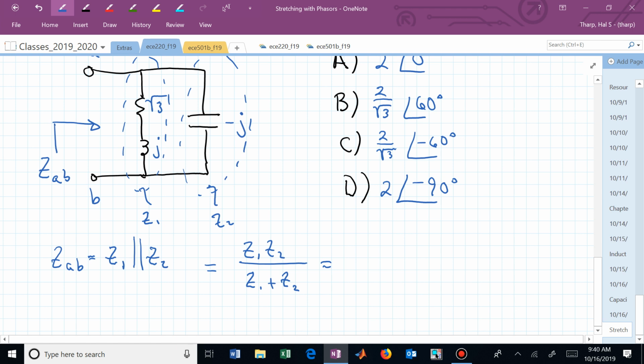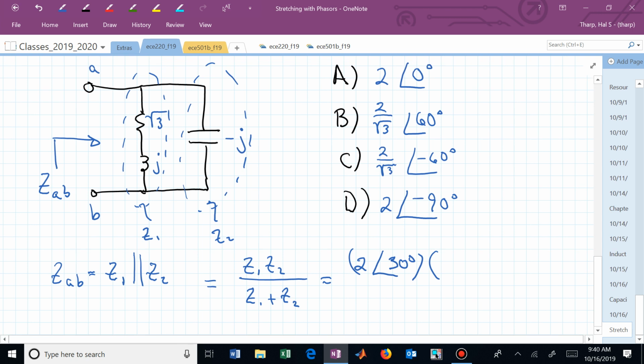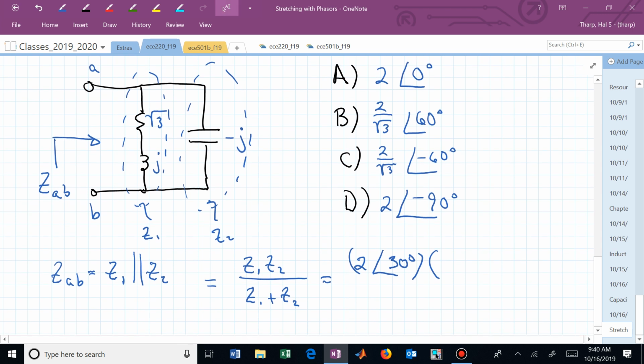Upstairs, you're doing a product. It'd be nice to maybe keep those in polar form. The expression for Z1? Z1 was already given to us. What was that? 2 at 30? What's Z sub 2 in polar form? What's the angle? Where are we in the complex plane? How far away from the origin are you with Z sub 2?